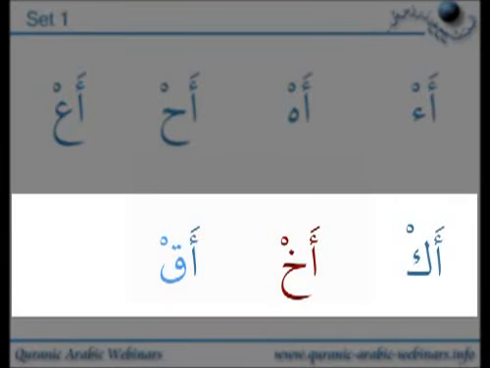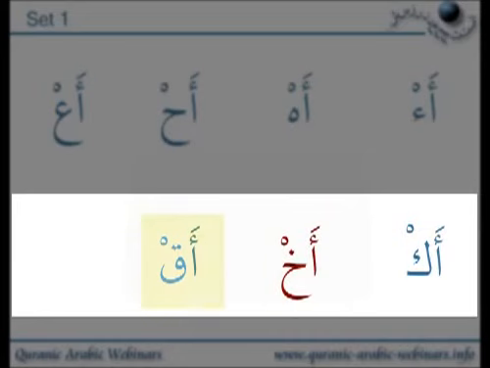The next line is the kaf, the kha, and the qaf. So again, these need to be differentiated. The first one, the kaf, is very soft, so it will simply be ak. The kha, again, is tafkhim, so this will be akh.